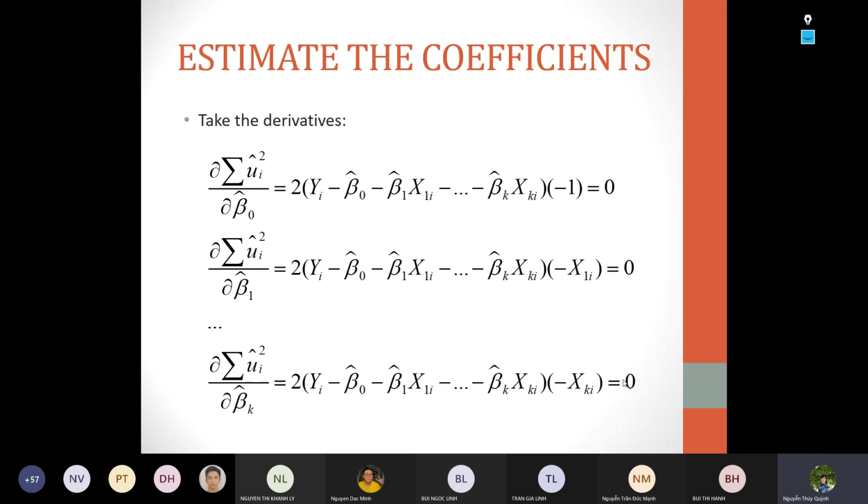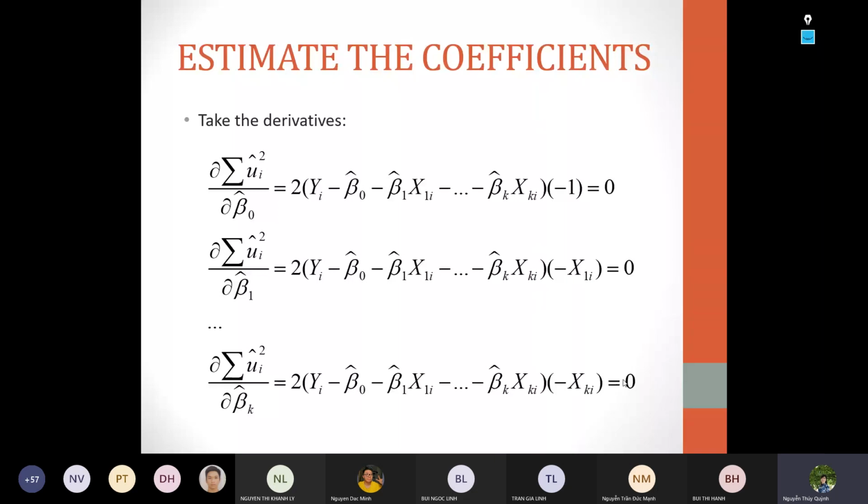Because solving a big set of equations like this will take plenty of time, we will use software like Stata, EViews, Gretl, or SPSS, and other econometrics software to help us estimate the model.